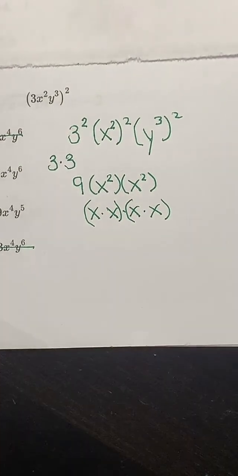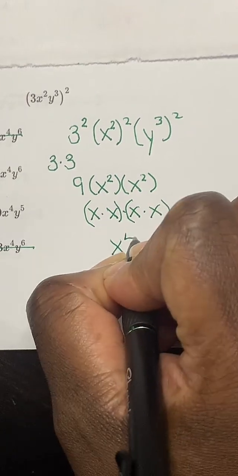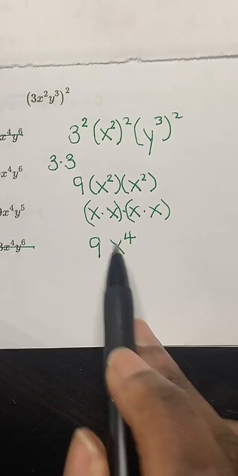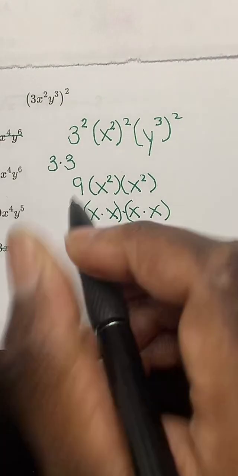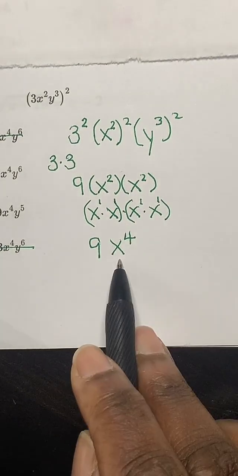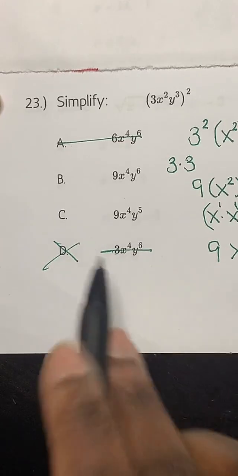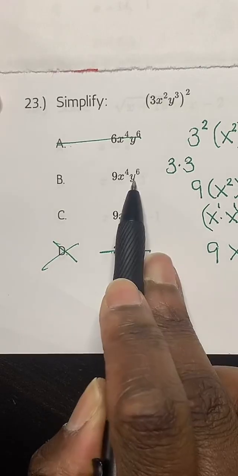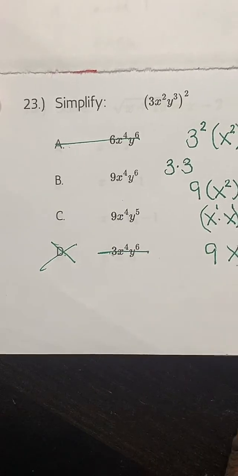How many x's do I have there? So we have x times x times x times x. We're adding the exponents, which gives me x to the 4th. Right now, both of them have x to the 4th. The difference is y to the 6th or y to the 5th.